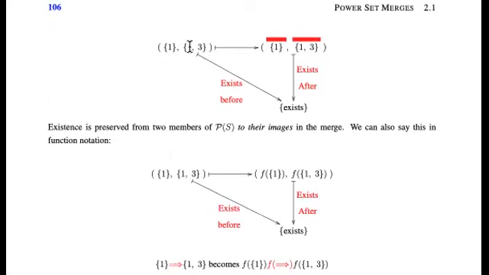And we want to transfer that to the codomain of the merge, which could be represented just by chunking. We're just chunking up the domain, and the chunks are the images in the merge. So if we have a relationship between these two guys, then there should also be a relationship between the two chunks that we made.